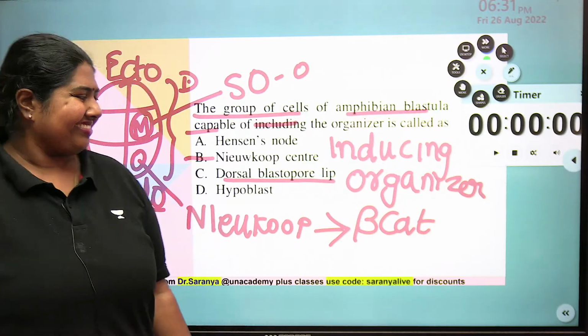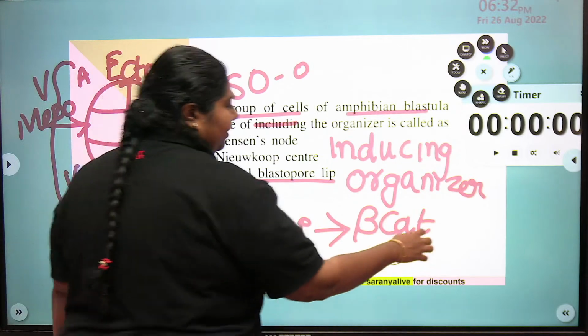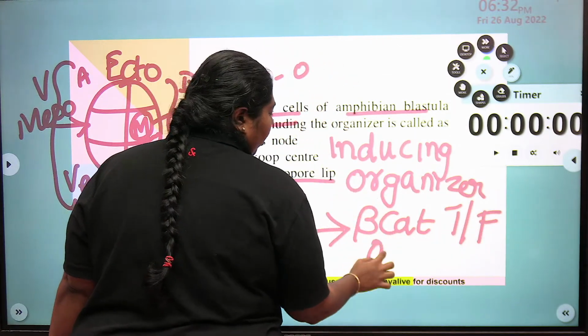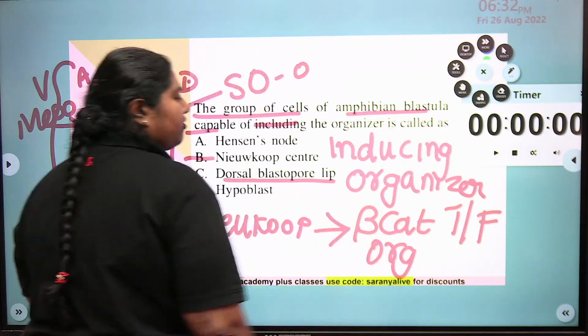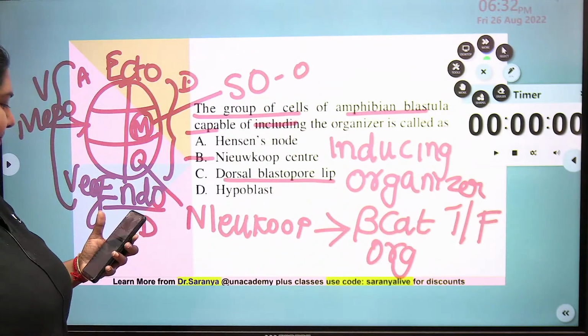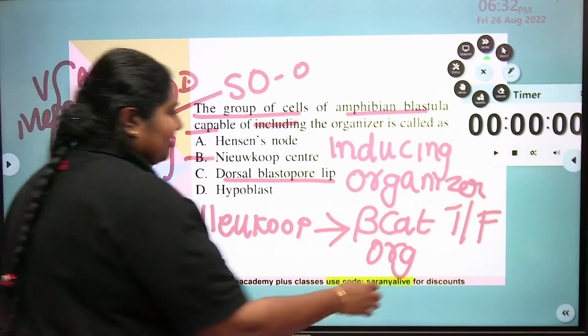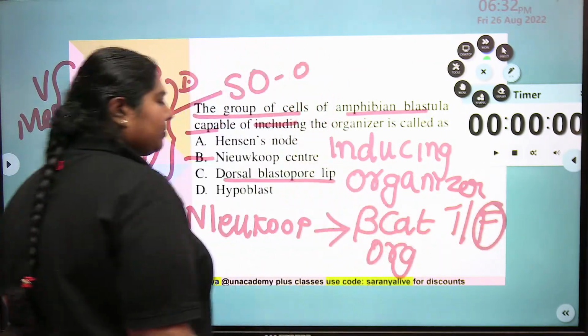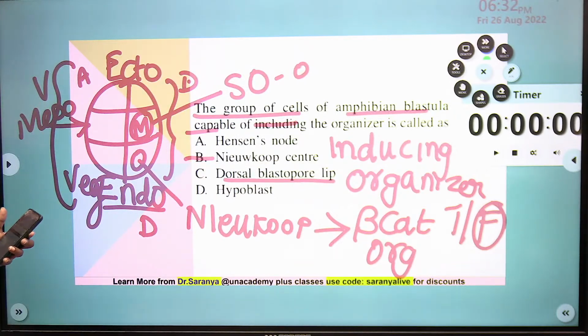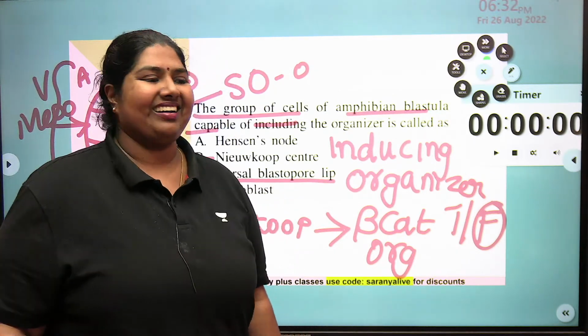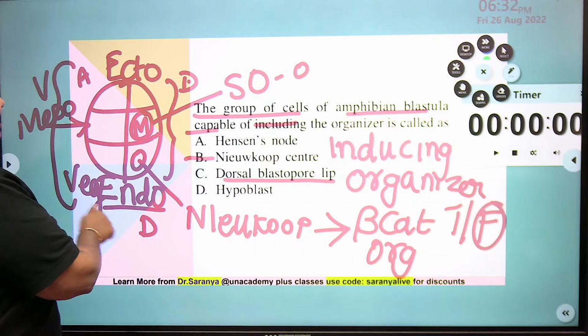True or false? No. It is not at all an organizer. Many of you think that beta-catenin is an organizer. No, it is wrong. Beta-catenin is not an organizer.